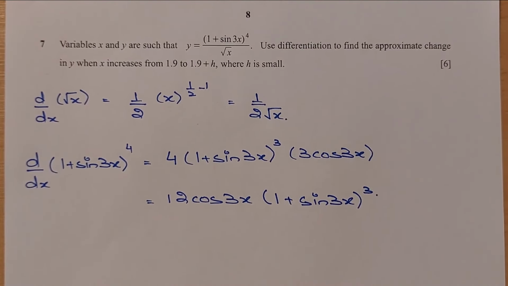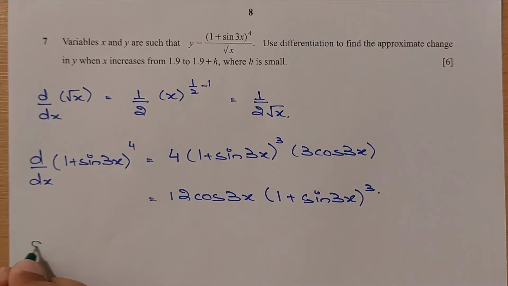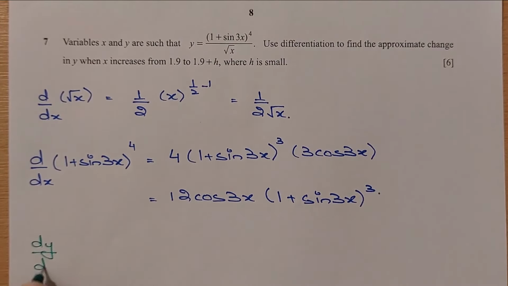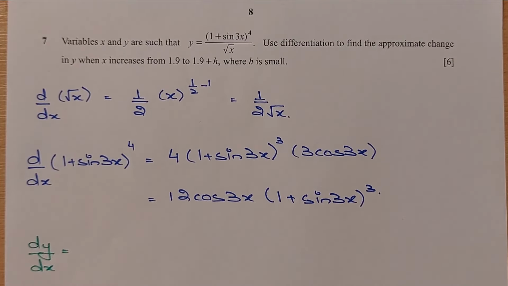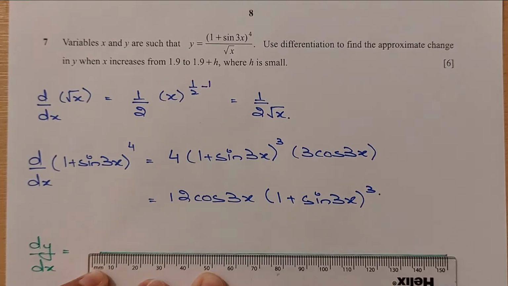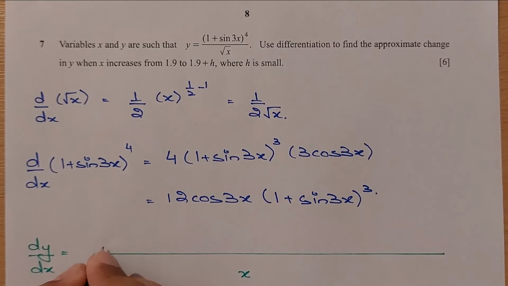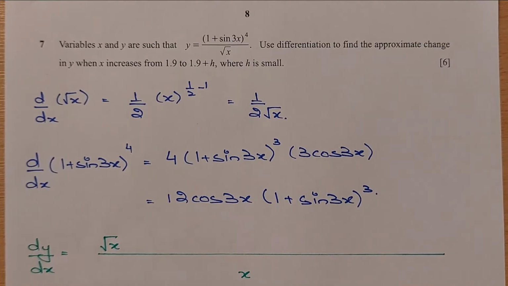Now let me solve the derivative by using a quotient rule. dy over dx is equal to the square of the denominator term. The square of square root of x is just x, right? So here we have x. The denominator term is first, and then the derivative for the numerator term is this.